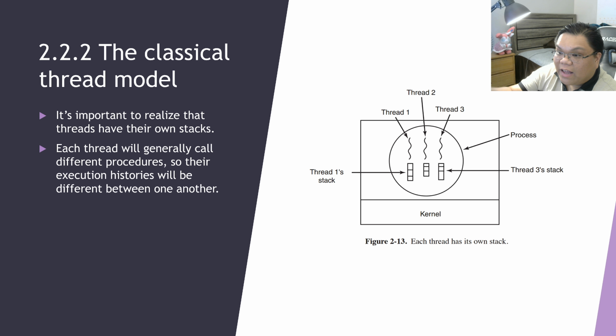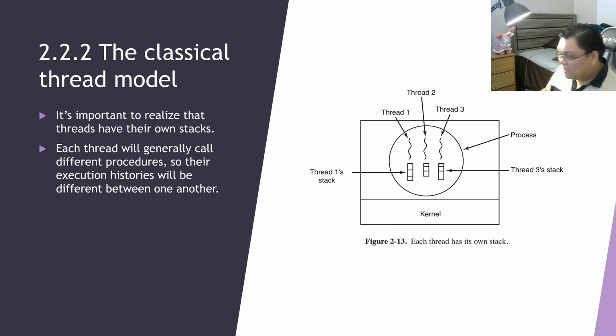So it's important to realize that threads have their own stack. Each thread will generally call different procedures, so their execution histories will be different between one another. So one thread may be doing step 1, step 2, step 3, and then has to jump to step 6, 7, 8. Thread 2 might be doing something different. Step 1, step 2, but then it goes straight to step 5, step 6, step 7, step 9.